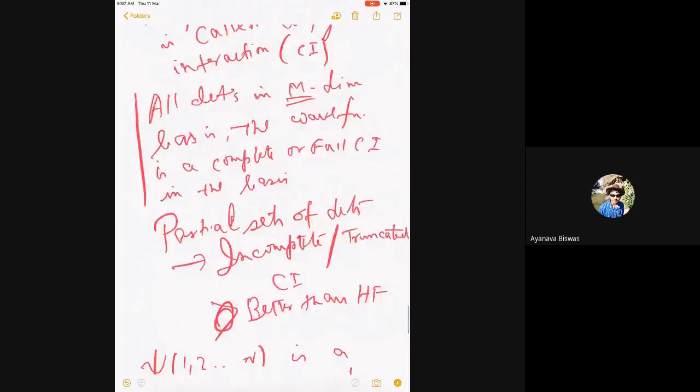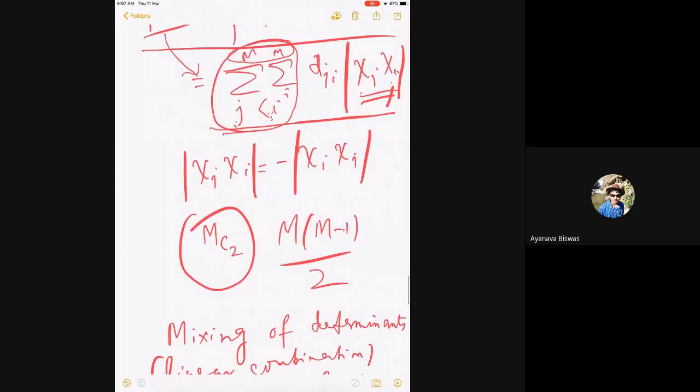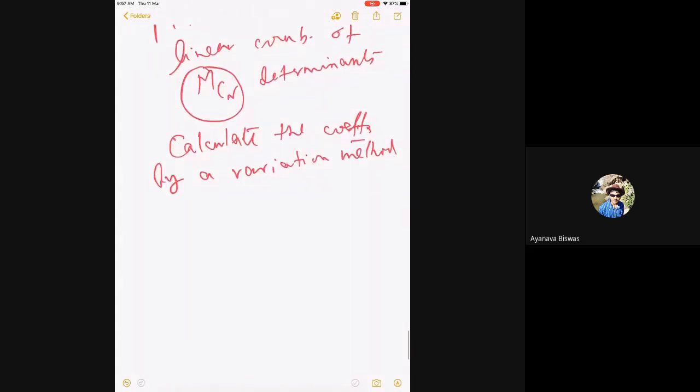Unlike Hartree-Fock, where variation was done for the orbitals, here variations are done only for these linear combination coefficients. So this particular variation has a special name, and it is called linear variation. Has this been taught, linear variation? Where you only find out the linear combination coefficients and the functions are frozen.